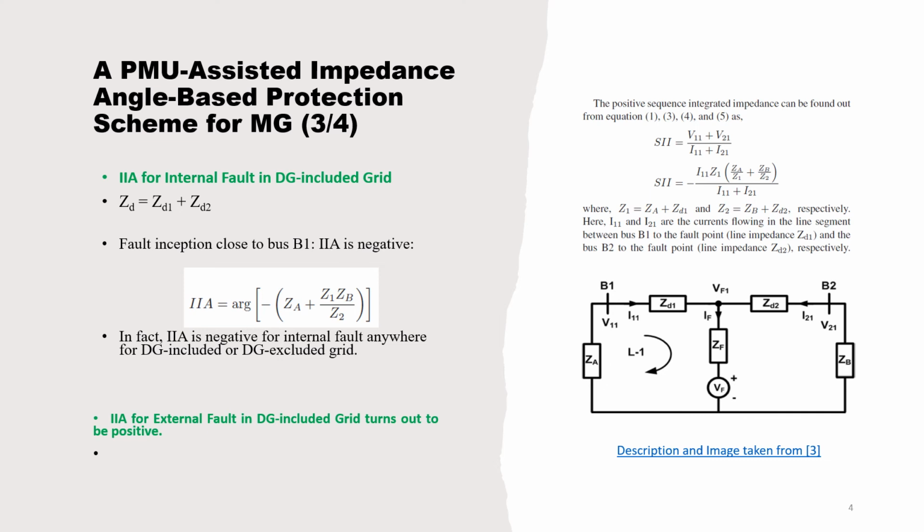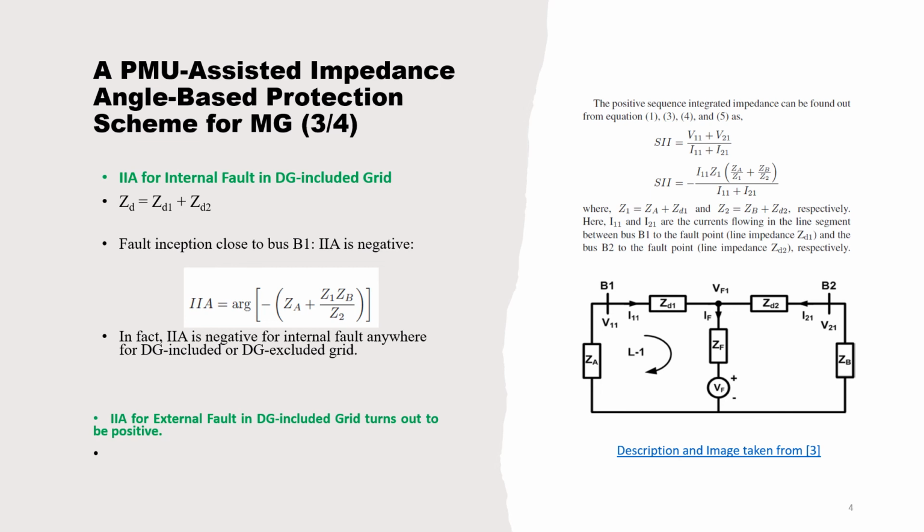Similarly, the authors have developed equations for IIA when the fault inception is close to B2 or in the middle. The conclusion is that for any internal fault, whether the microgrid contains a DG or not, the IIA is negative. This can help us decide on relay operation.